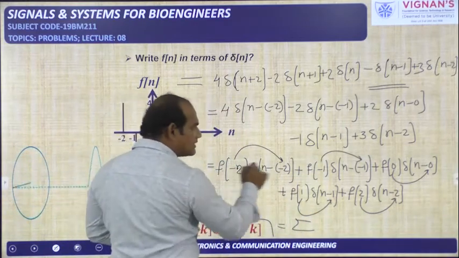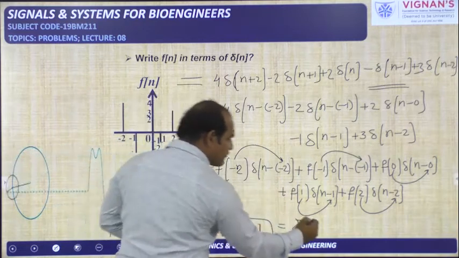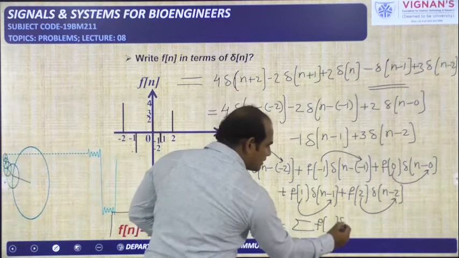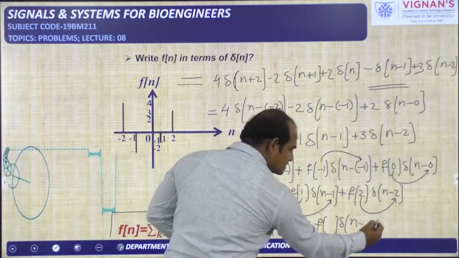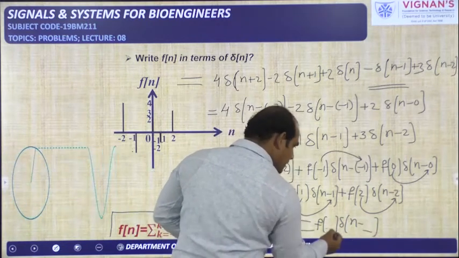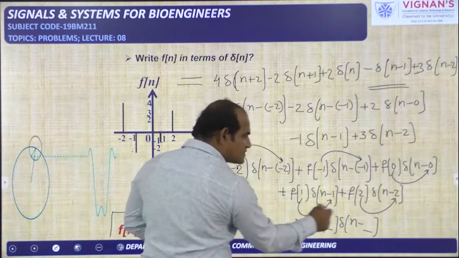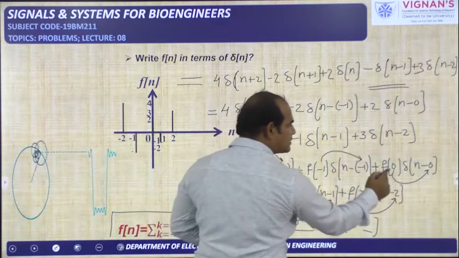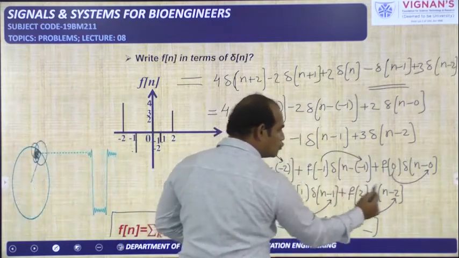Next, in all the terms, first one is f of something, second one is del of n minus something, and whatever it is for f, the same thing is there in del. You see, minus 2 minus 2, minus 1 minus 1, 0 0, 1 1, 2 2.